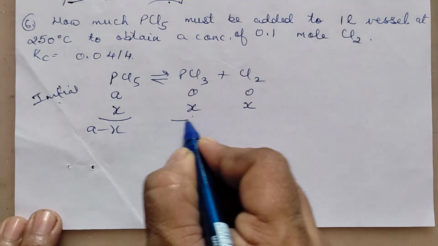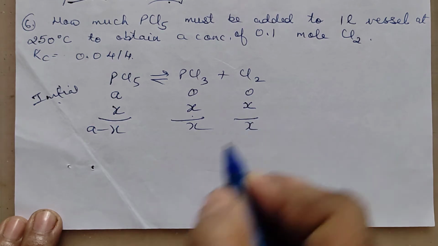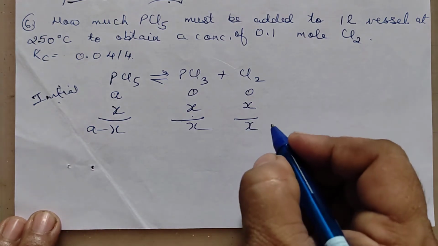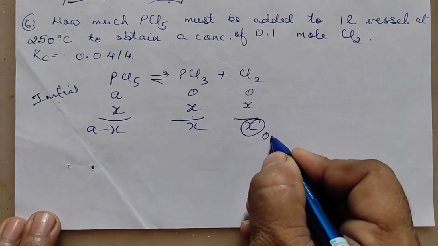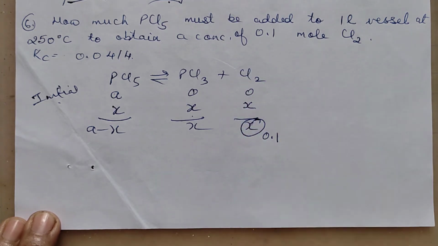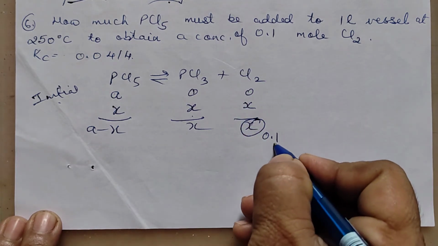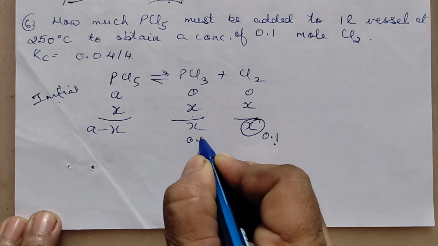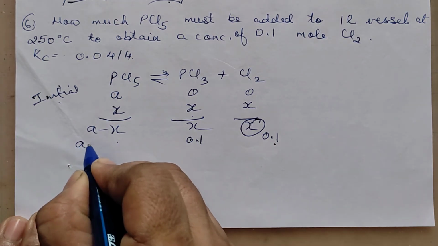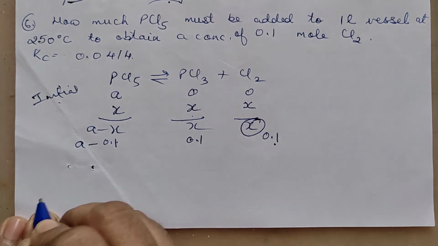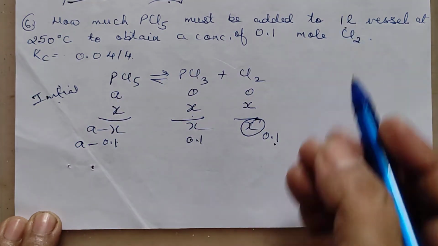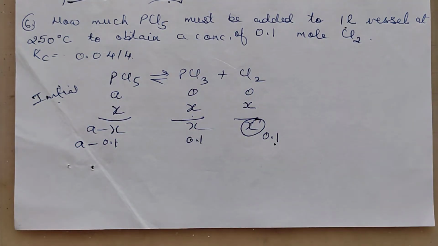A minus X. This will be X and this will be X. So this X is given as 0.1 mole. If this X is 0.1, this is also 0.1, this is also 0.1, and this is A minus 0.1. And they are taken in 1 liter container, means these moles can be divided by 1 liter directly. So this itself is the concentration.